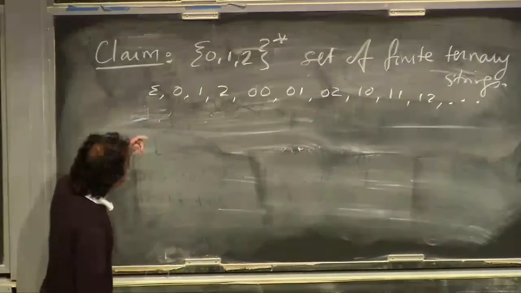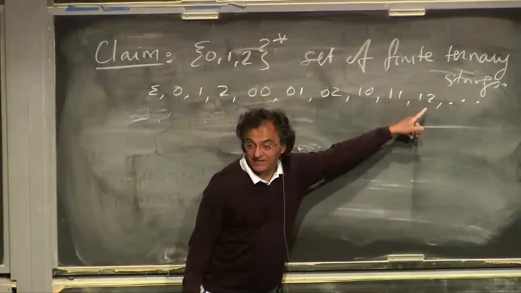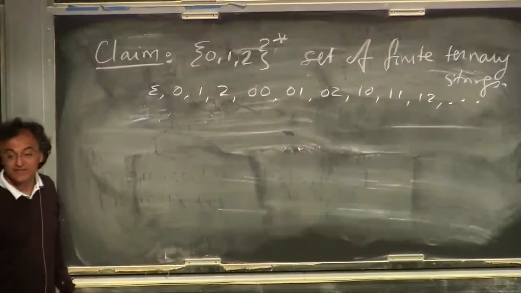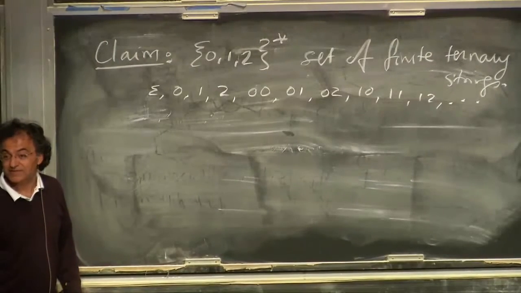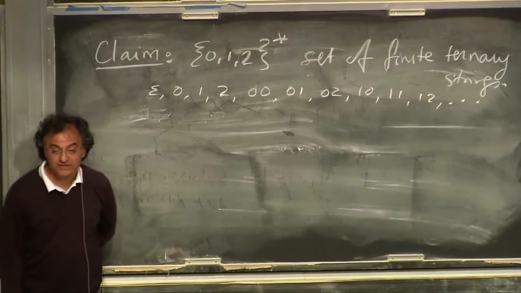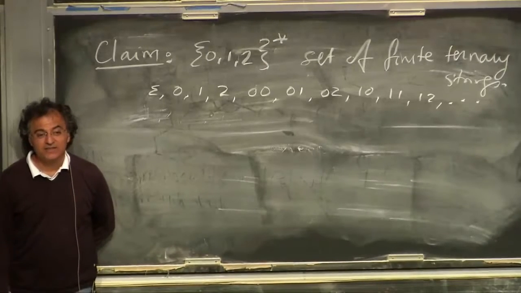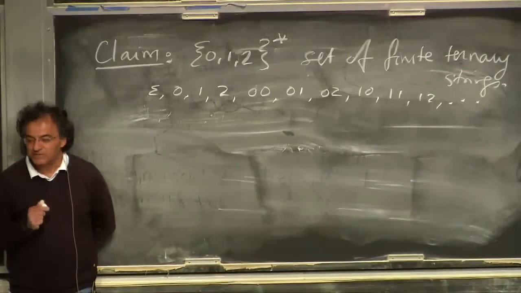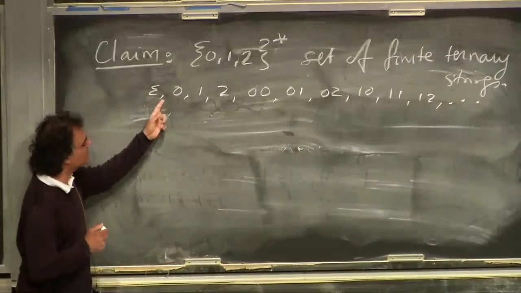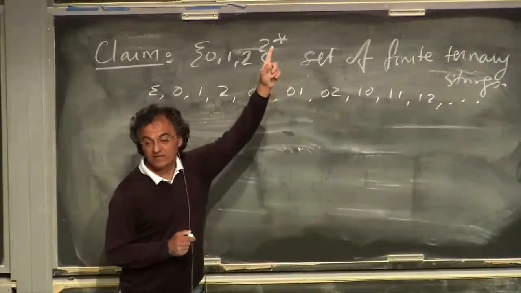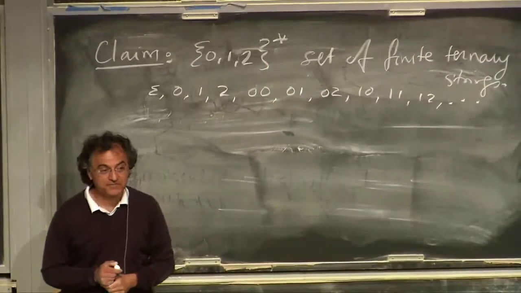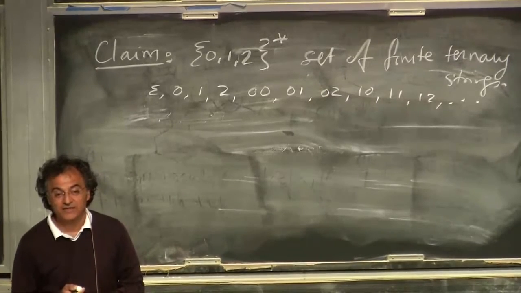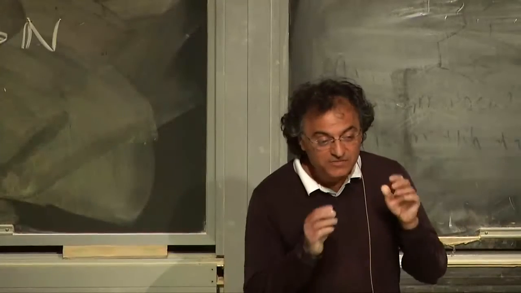But now, once you know this is the case, I claim that you also know that the set of all polynomials is countable. Why would it be true that as soon as we know that this set is countable, we also know that the set of all polynomials is countable? Actually, it's just by looking at it.